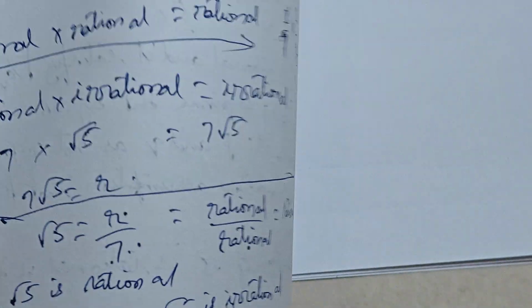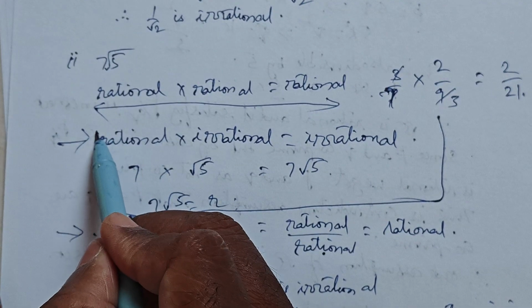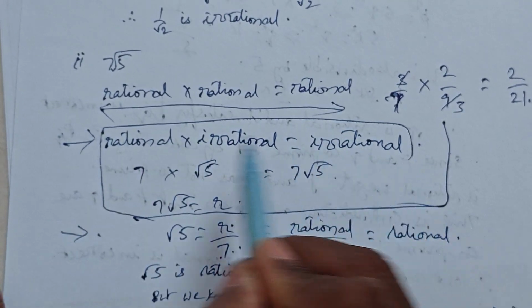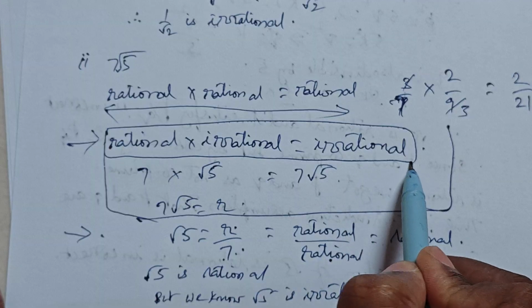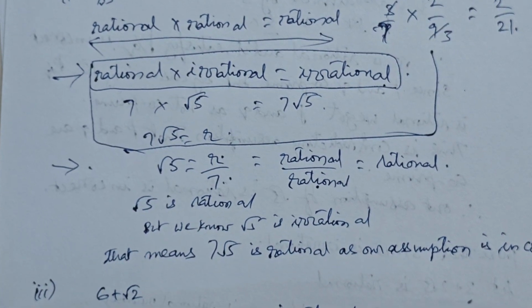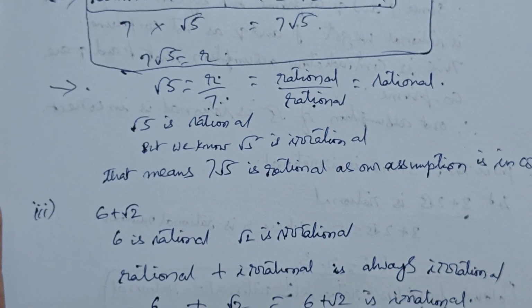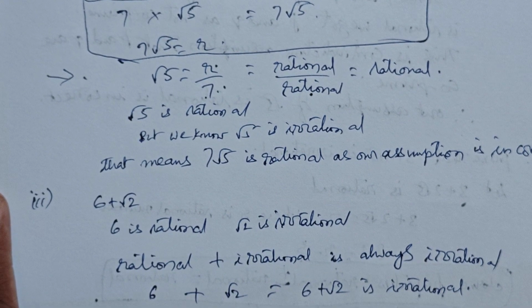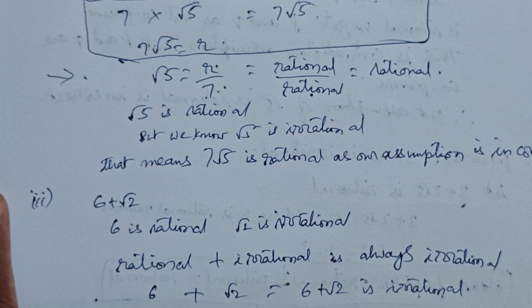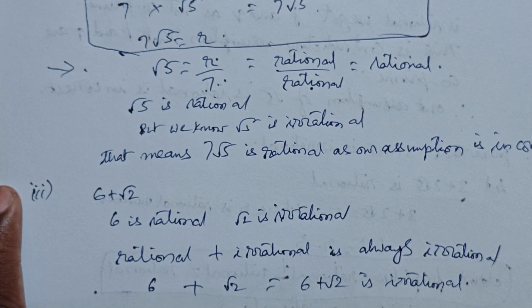Similarly, rational into irrational is always irrational. And irrational by irrational: suppose both have the root, it will get cancelled. That is true, but it depends on certain scenarios only. But naturally, irrational plus or minus irrational is irrational.